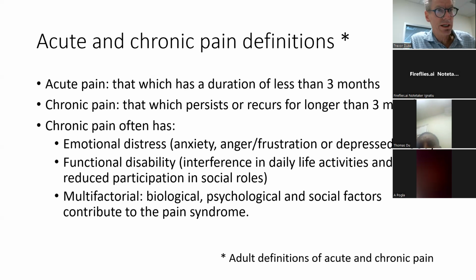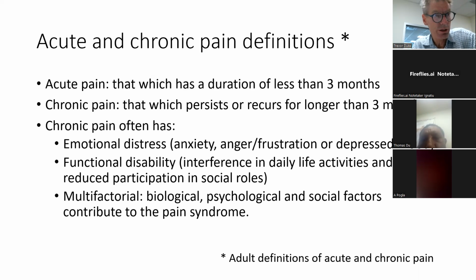And chronic pain has a lot of other ancillary features. Often the child or the person in chronic pain will be in significant emotional distress. They'll often have significant functional disability that leads them to be unable to do the daily life activities, whatever they are for the person's age.